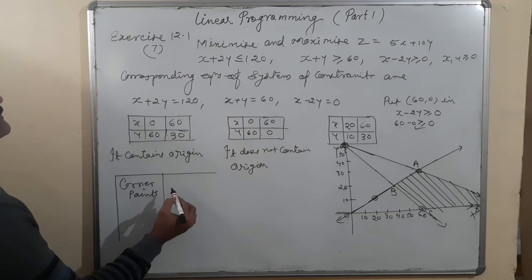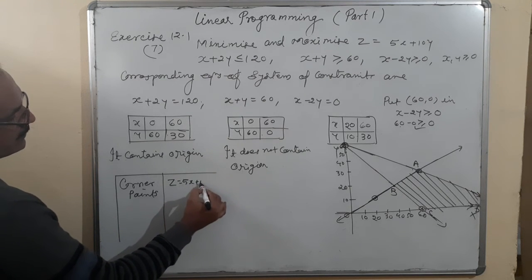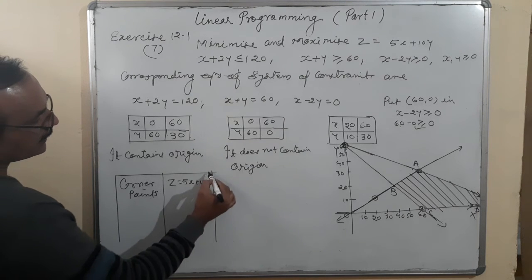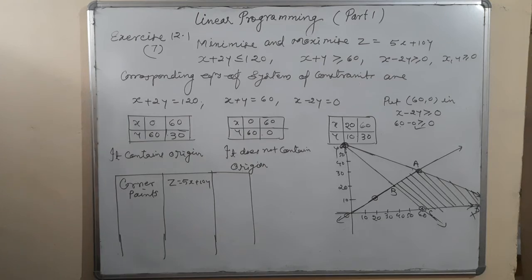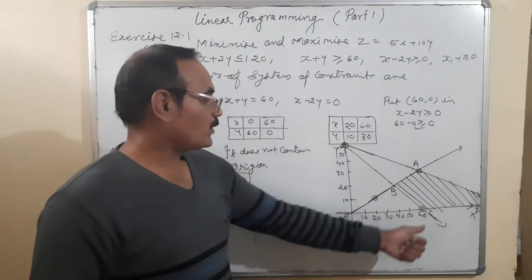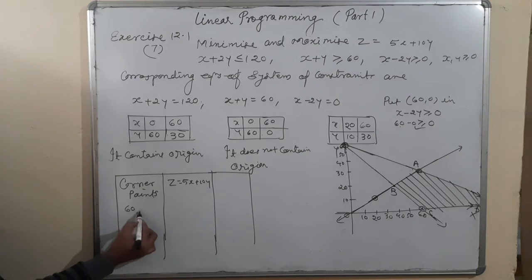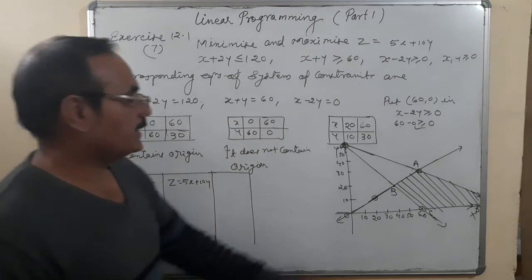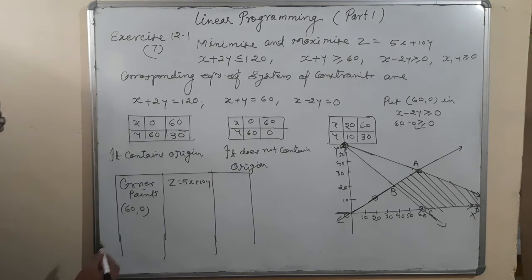Z is equal to 5x plus 10y, and we are going to find both the maximum and minimum. So let us see how to determine the corner points. This point is clear, 60 comma 0, I am writing here. This point is clear, that is 60 comma 30.